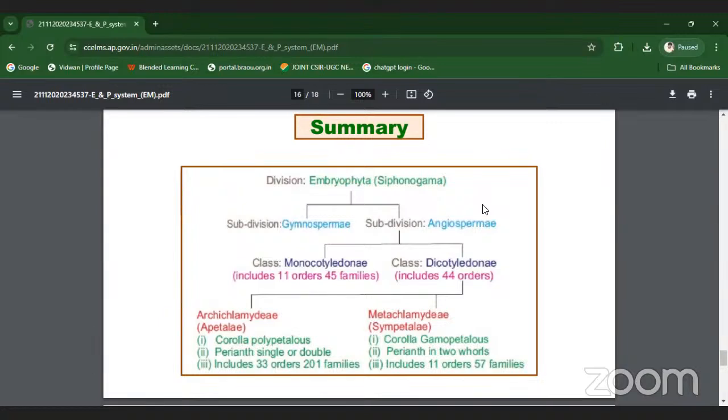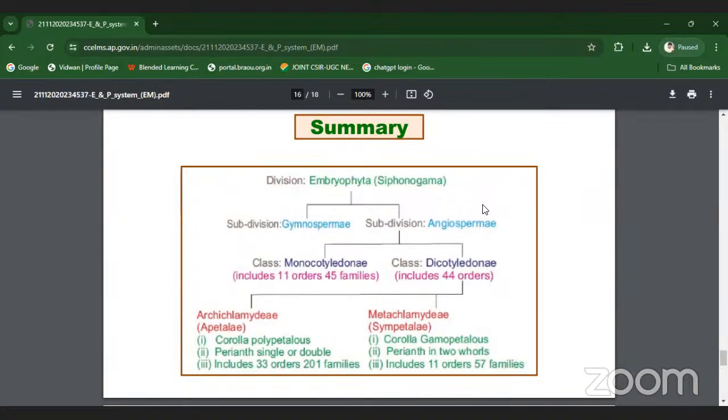According to Bentham and Hooker, the complex flower is advanced and the simple flower primitive, but the same character is reversed in Engler and Prantl: simple is primitive, complex is advanced. In Bentham and Hooker, dicots precede the monocots, dicots first and monocots later, but here monocots first and dicots later.